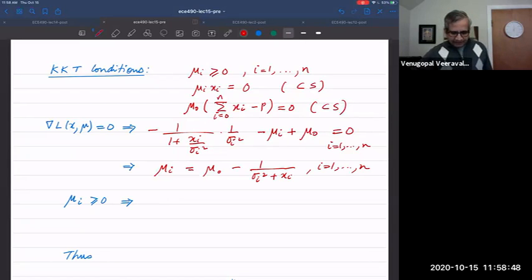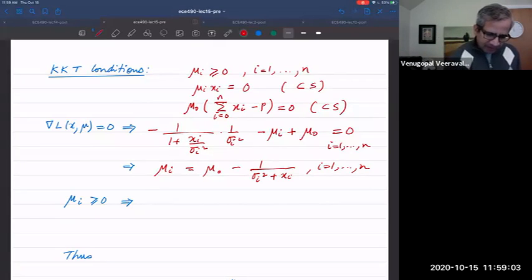Remember, sigma i squared is strictly positive. It's a variance for noise, strictly positive. So we know from this condition that mu i is non-negative.